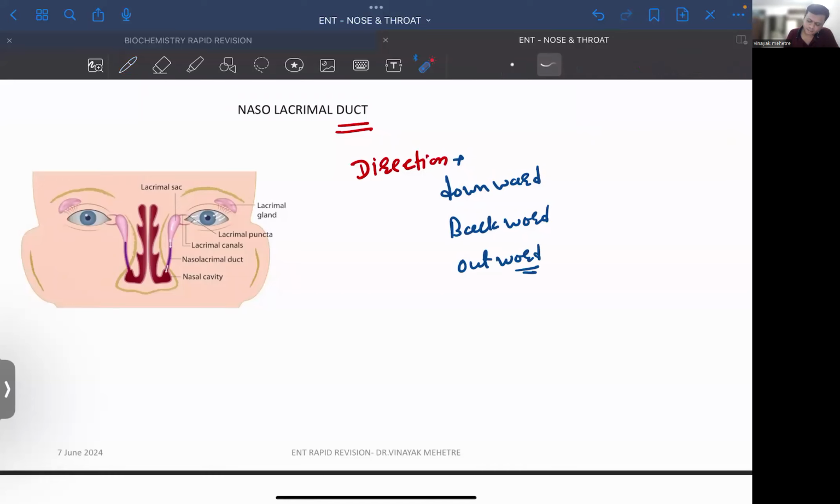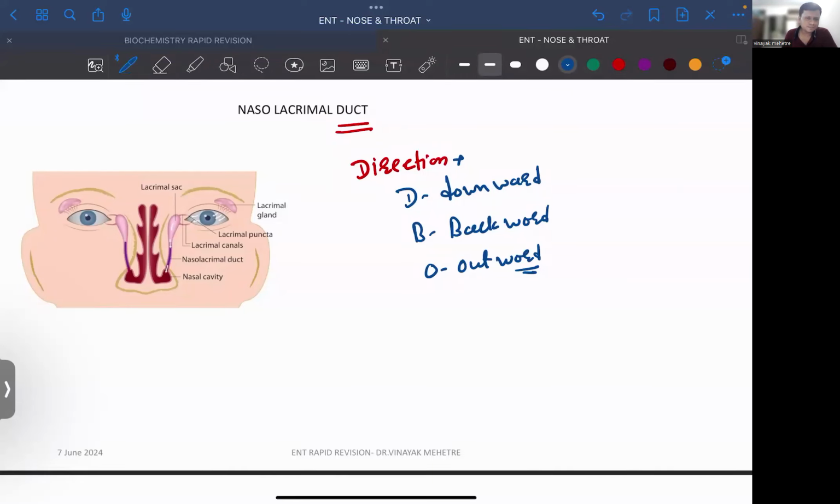Okay. Boys can read it. Duct ko dabao. When you press your duct, then you will have fun. So the mnemonic is dabao. Okay.